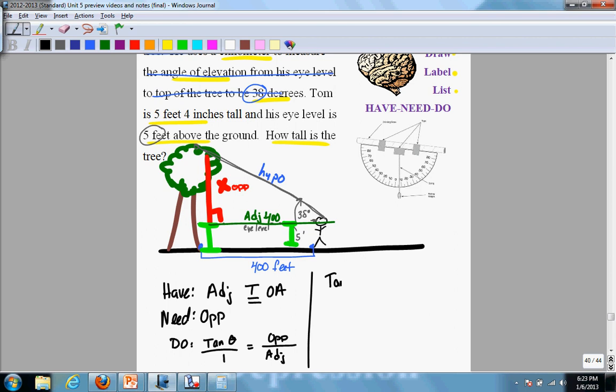So it's tangent 38 degrees, put parentheses around that, over 1, equals opposite, which we don't know, we'll call it x, over adjacent, which is 400. We're going to cross multiply. So to find x, it's going to be 400 times the tangent of 38 degrees.